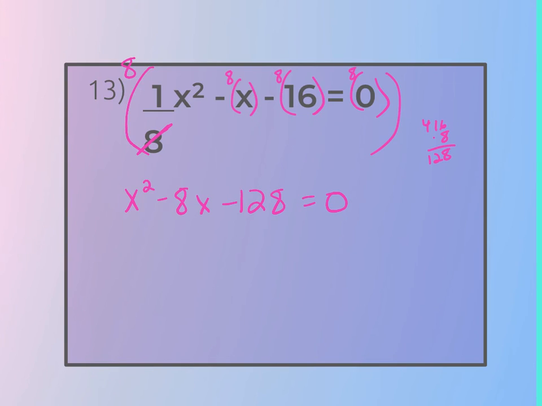With me so far? Now I need the factors of negative 128 that sum to negative 8. We just did it, right? It would have been a positive 8 and a negative 16. Those two numbers when multiplied together give me negative 128, and added together give me negative 8. So I get x plus 8 and x minus 16.